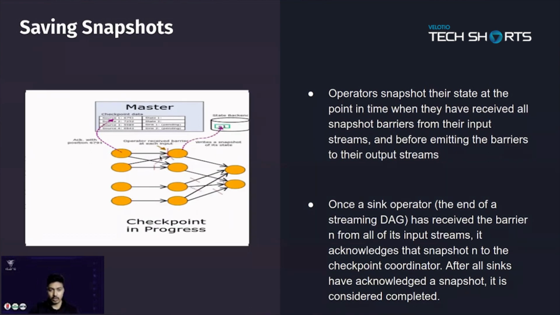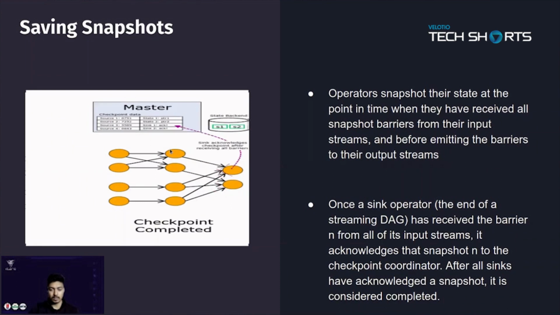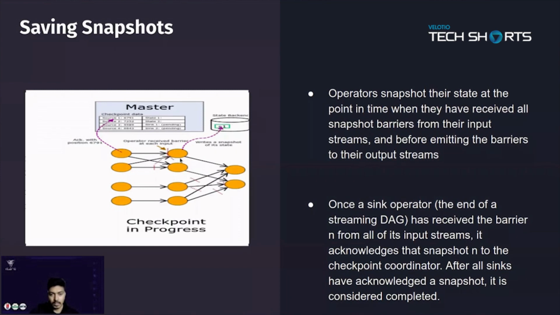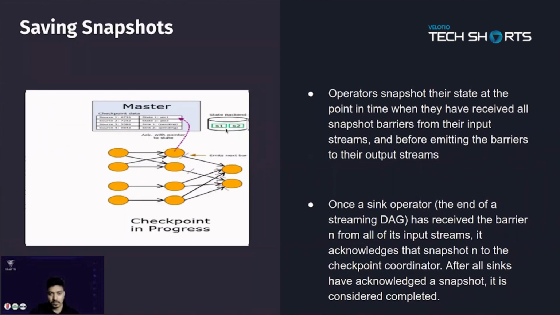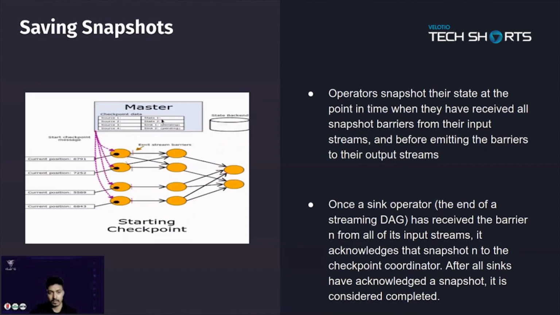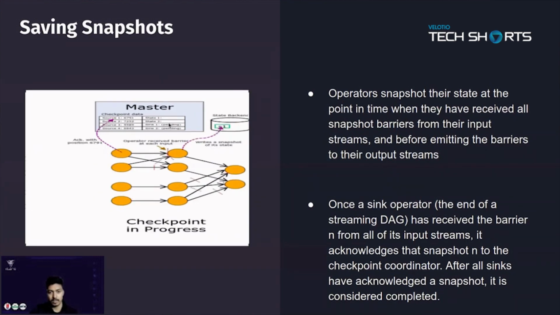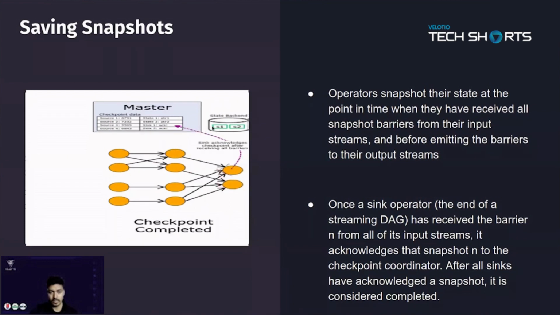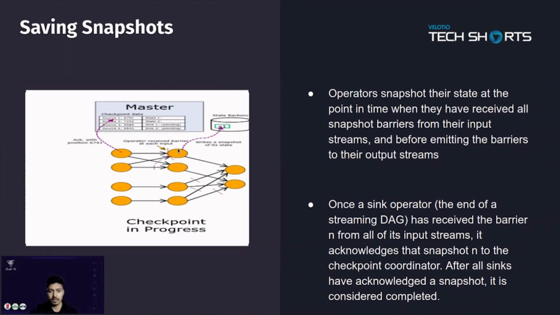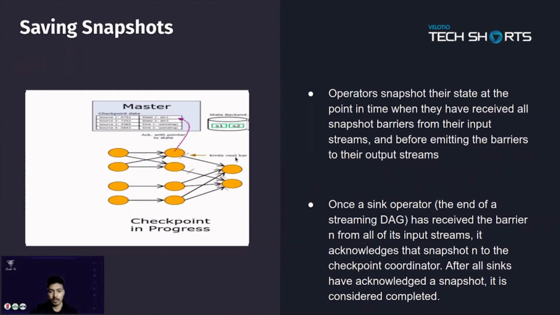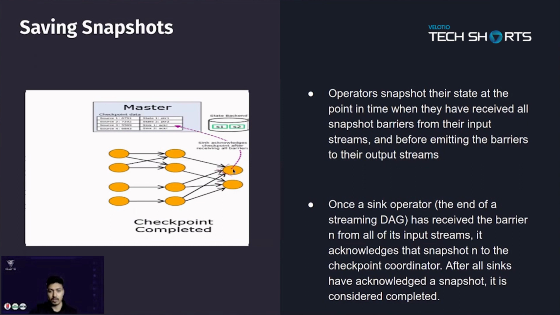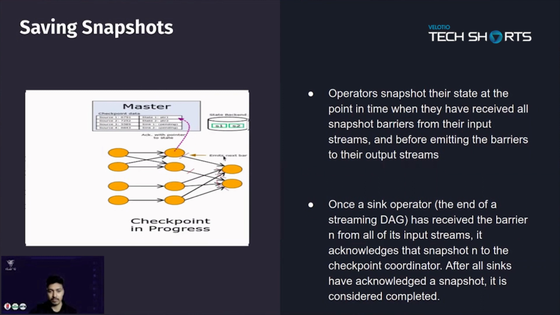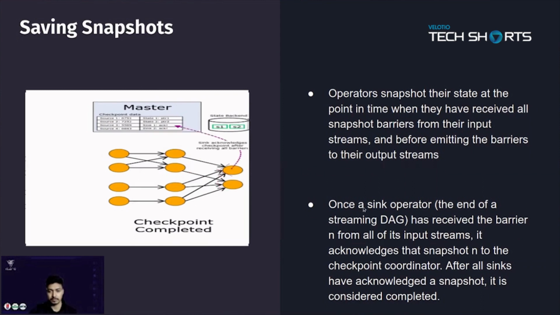Whenever all the input streams give the input barriers to them, the data stored within that operator is saved in the state backend, and in the checkpoint table, it will store the pointer to the state or the snapshot of data that they had before failure. And these sinks will eventually mark this checkpoint as completed when they have received all the barriers from their input streams.